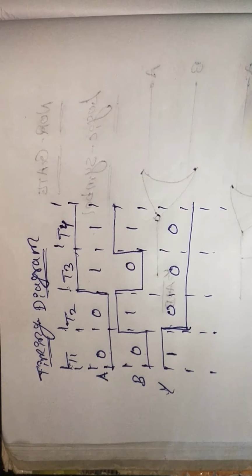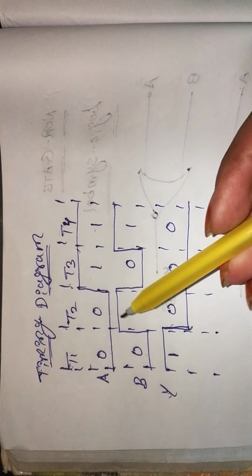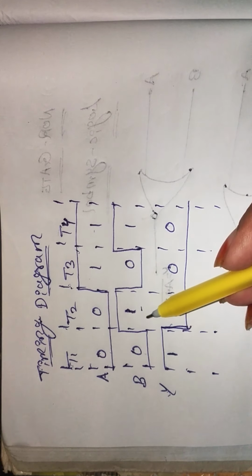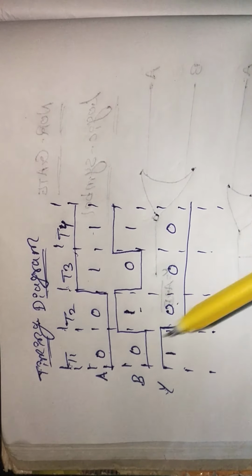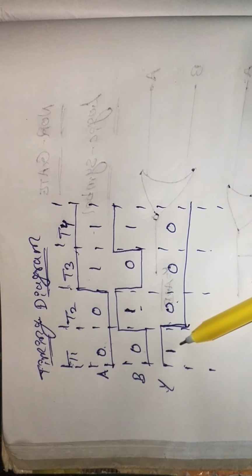In the OR gate, if any one input is 1, the output will be 1, and with two zeros the output will be 0. Here with 2 zeros, the output will be 1.